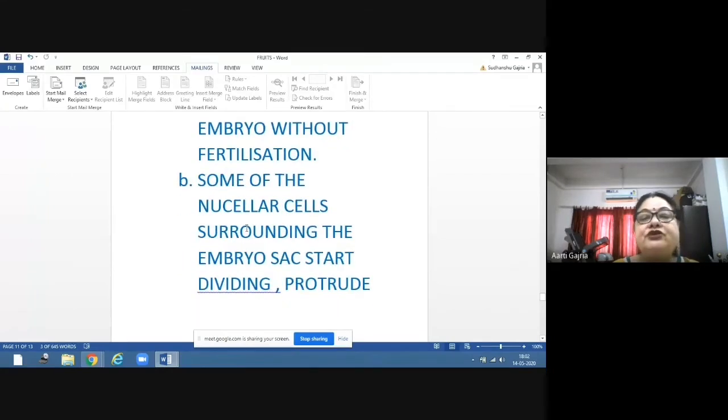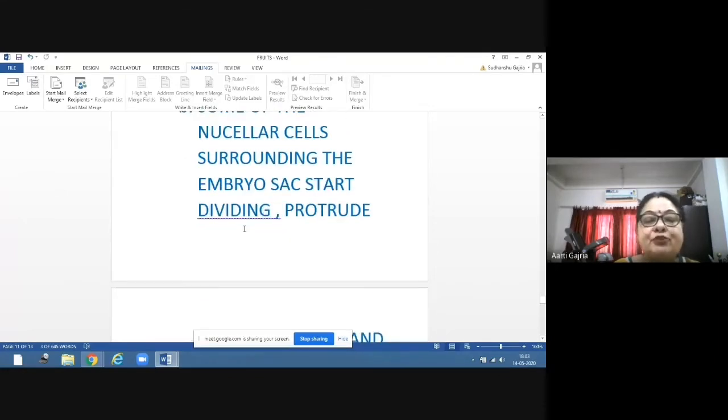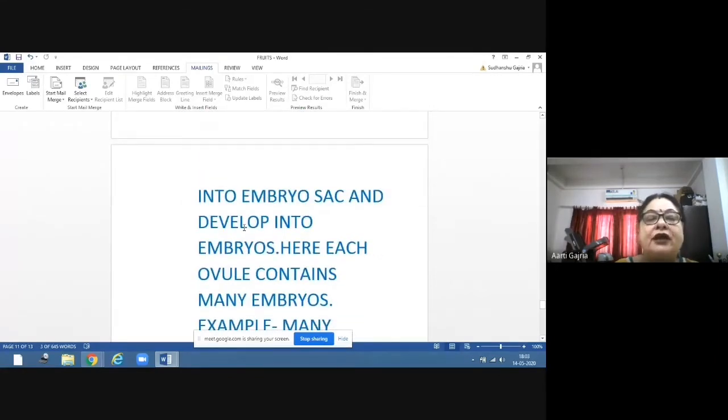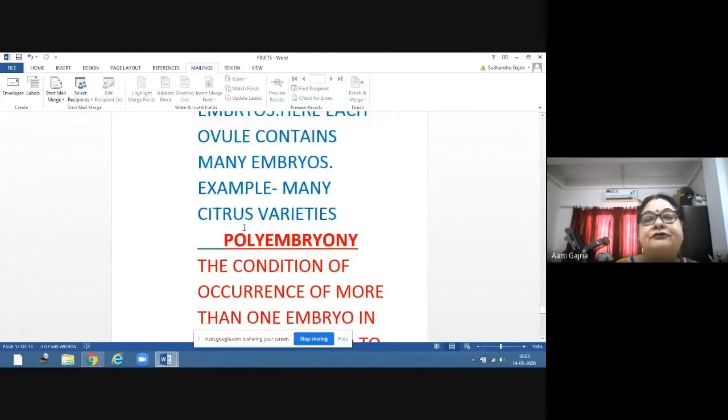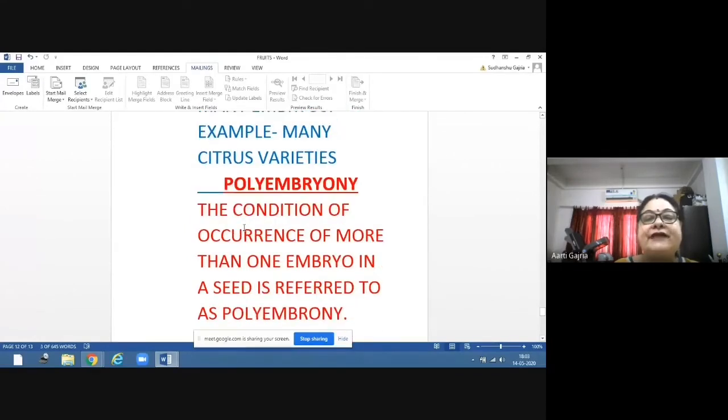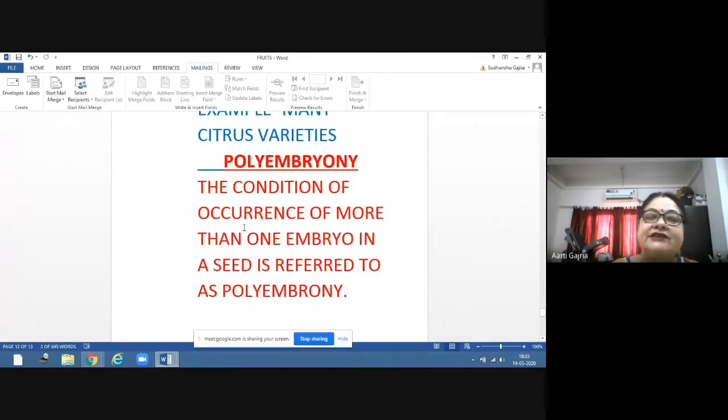Another way is that the nucellar cells surrounding the embryo sac start dividing, protrude into the embryo sac and develop into embryos. So each ovule contains many embryos. The example is the citrus variety, and this condition is called polyembryony.